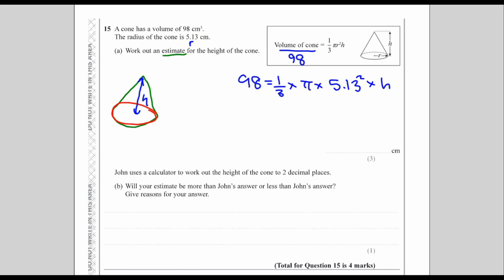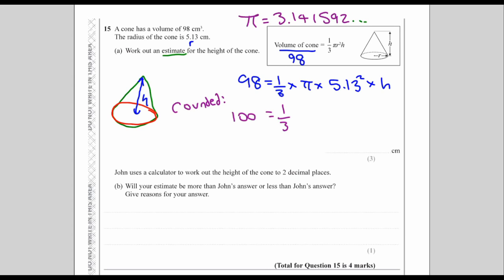Now when it's saying estimate, we can generally round to about one significant figure. So let's round. So 98, let's call it 100. 1/3 can stay the same. Pi, if you put it in your calculator, if I can remember correctly, 3.141592 and then 65 maybe, something like that.